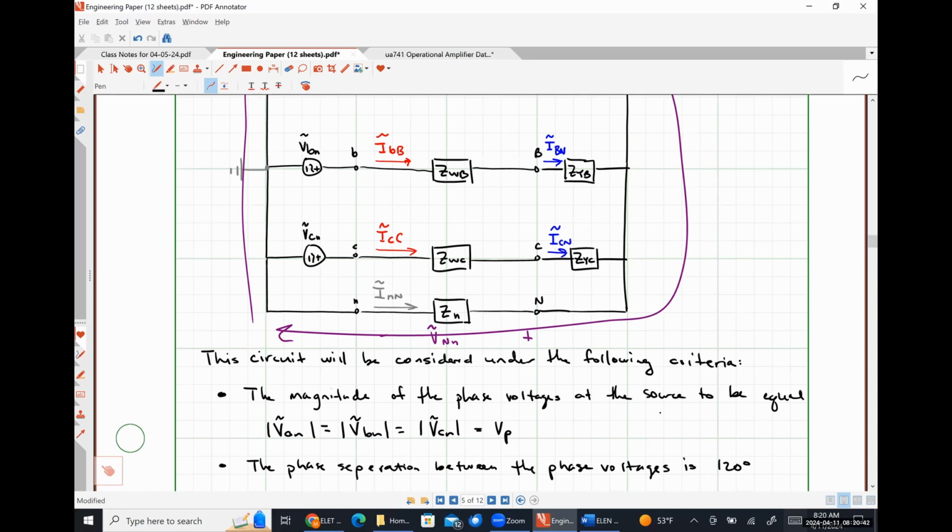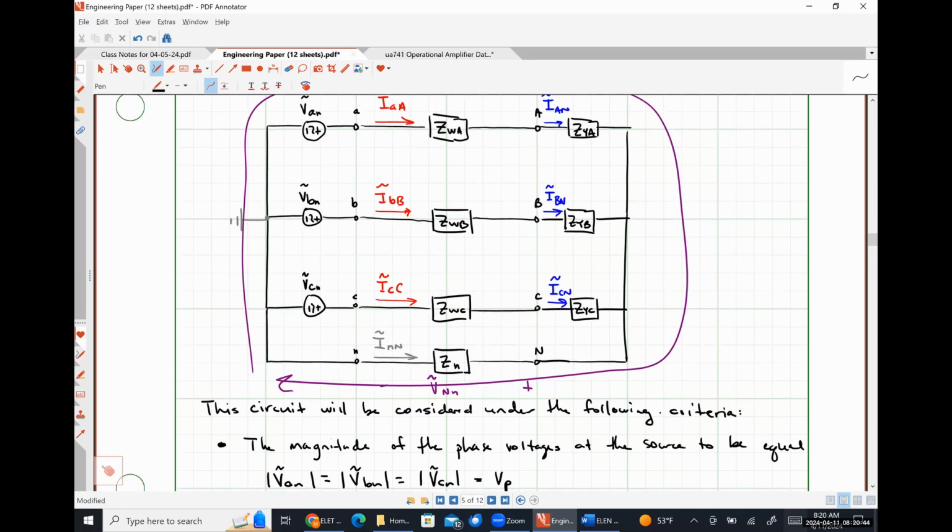Let me scroll back up here. I could write a Kirchhoff's voltage law loop around the B phase and get a similar result, and the C phase and get a similar result.